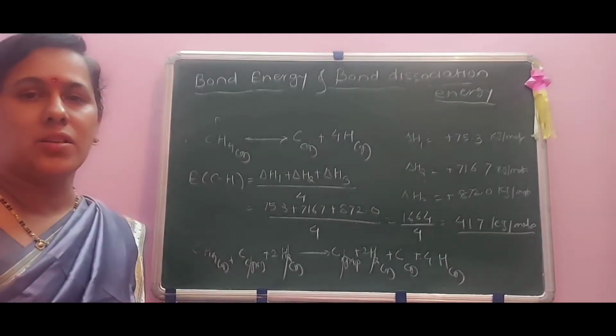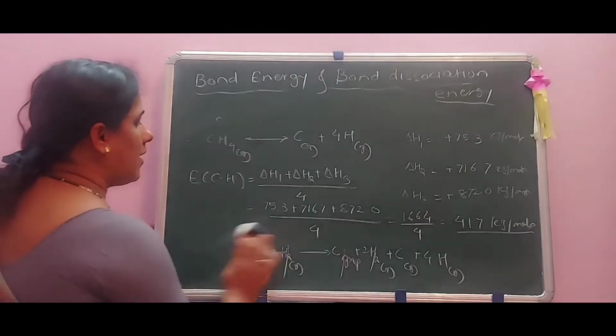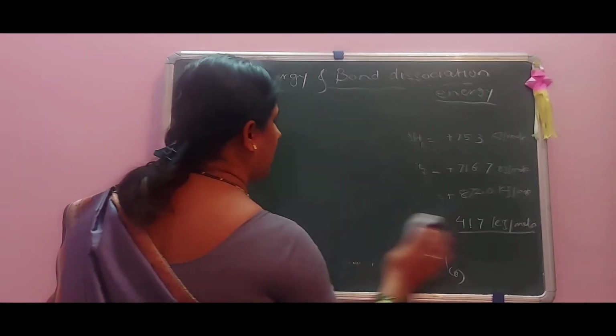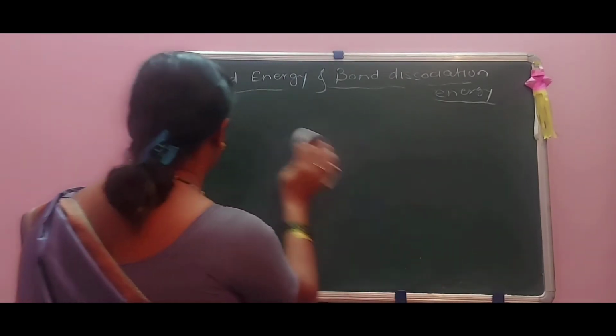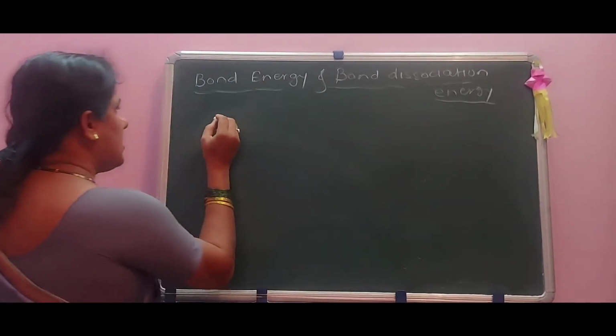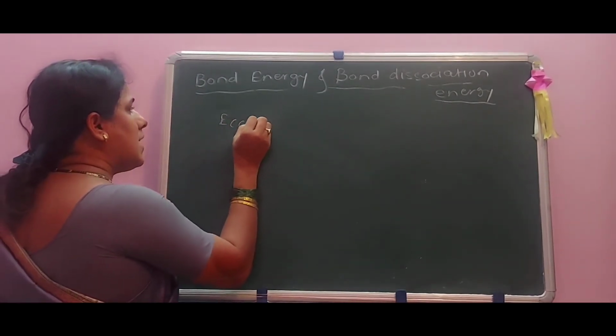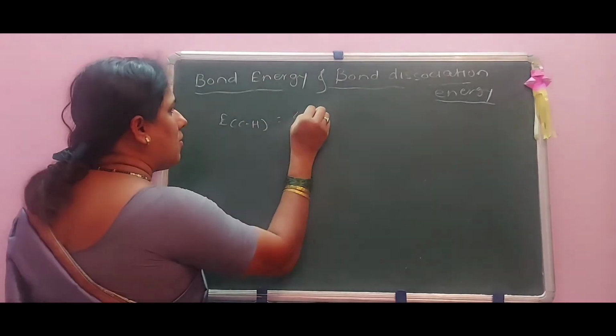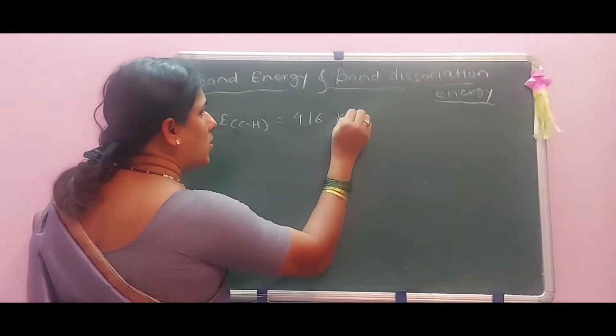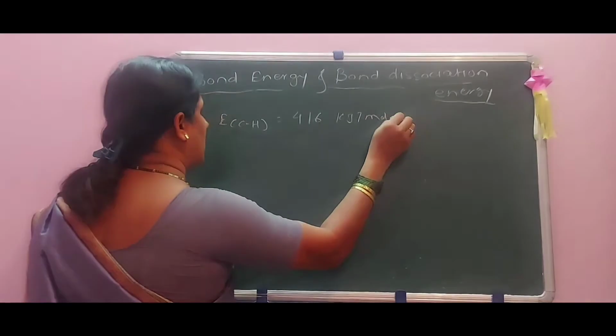But after the dissociation of CH4 like this, E of CH is equal to what? 416 kilojoule per mole here.